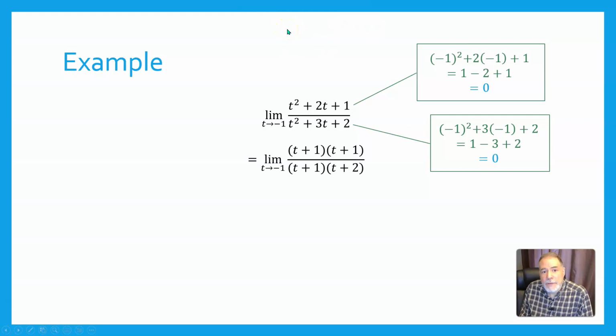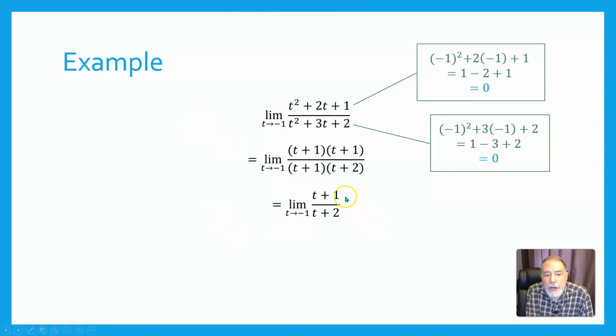And that means we can factor the numerator and the denominator. The numerator factors into t plus 1 times another t plus 1, or you could have written that as (t plus 1) squared. And the denominator factors into (t plus 1) times (t plus 2). But they both have a factor of t plus 1 that we can cancel out. And now look what happens as t approaches -1.